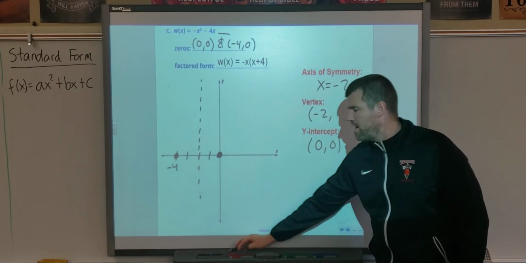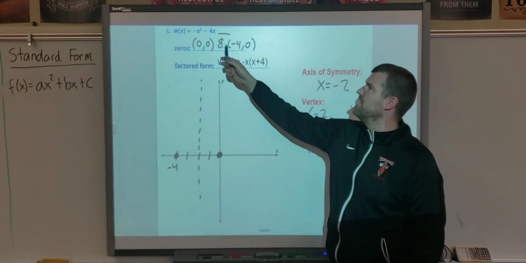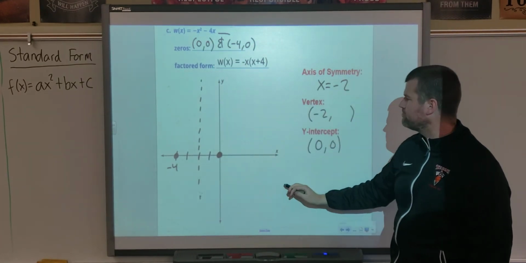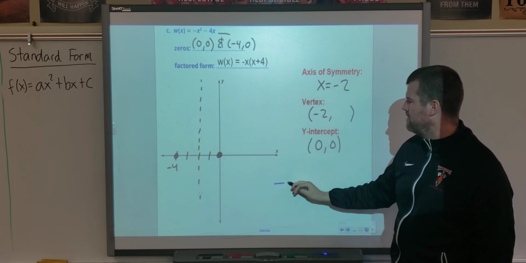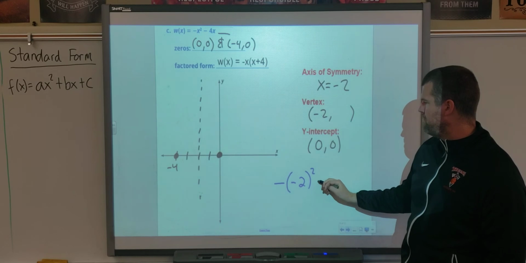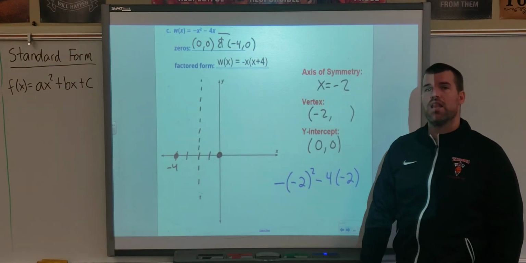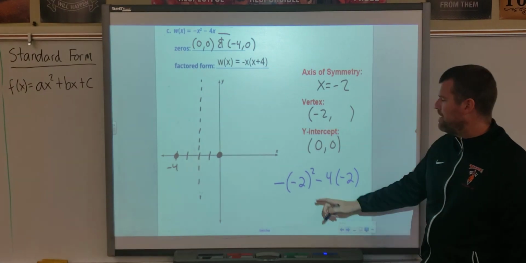And then to find the y value, I'm going to plug my x of -2 into the original equation. And so I get negative, plug in my -2 squared minus 4 times -2. Lots of negatives, be careful.